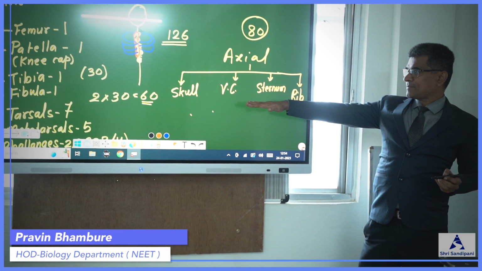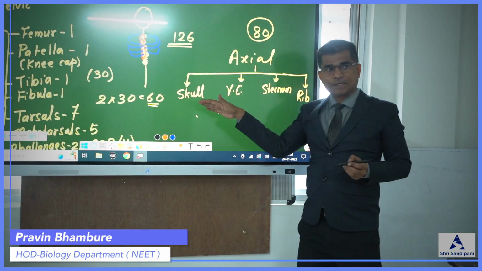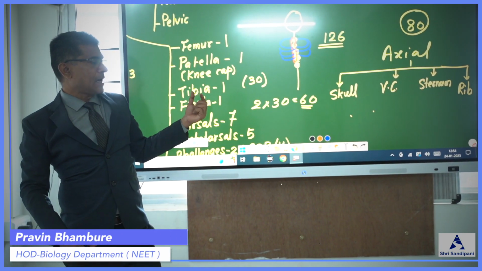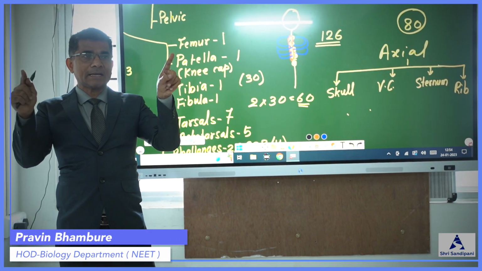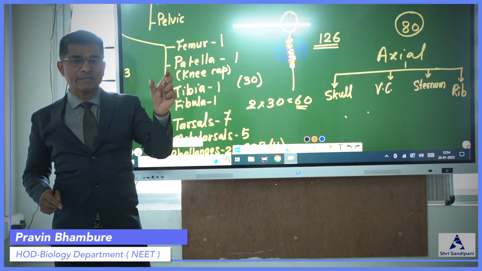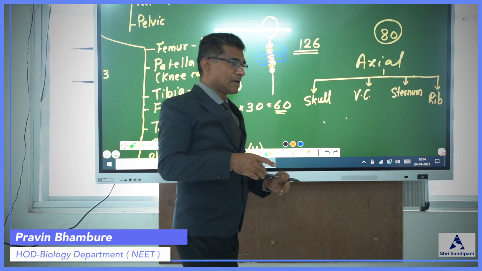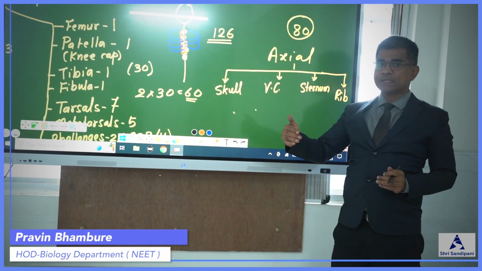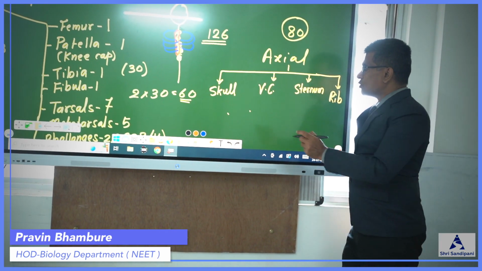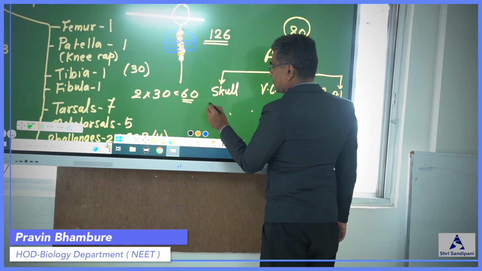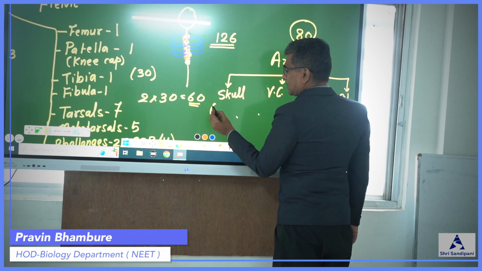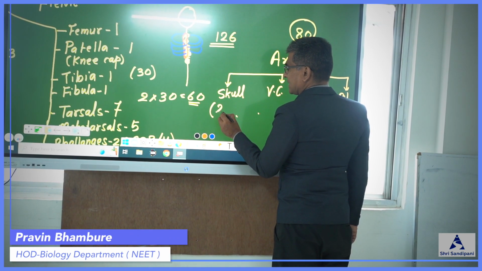For the NEET examination, either you will be asked for different names of the bones, or where a particular bone is located. So there will be questions on the position of the bone, which bone is where. Skull, when we talk about it, you need to remember 29 bones.